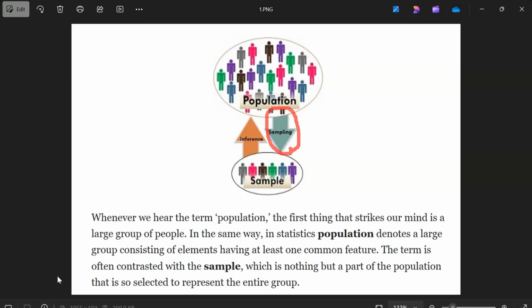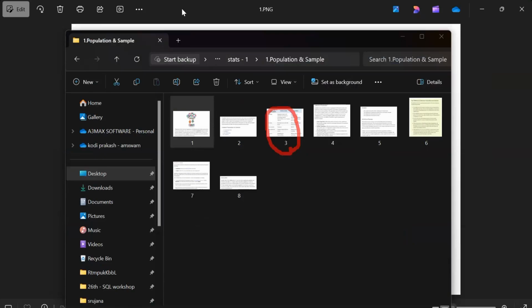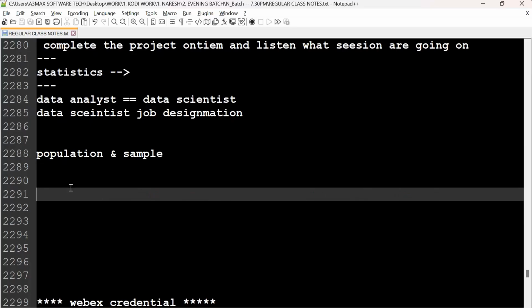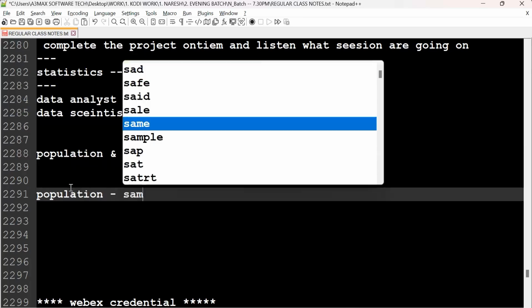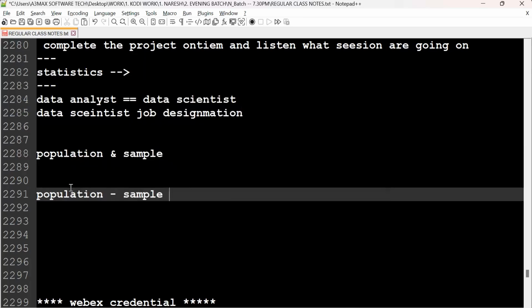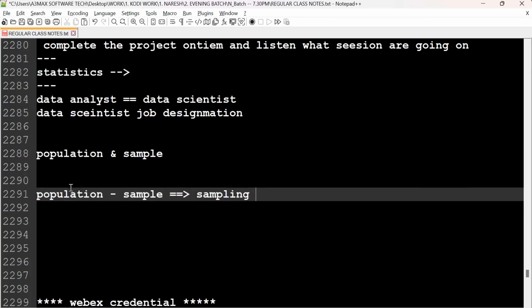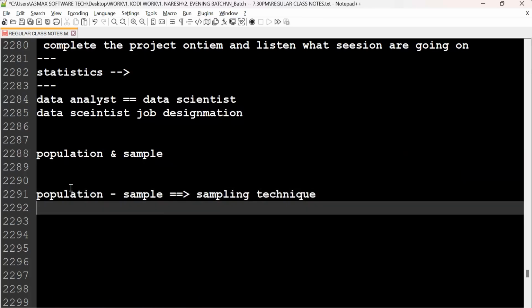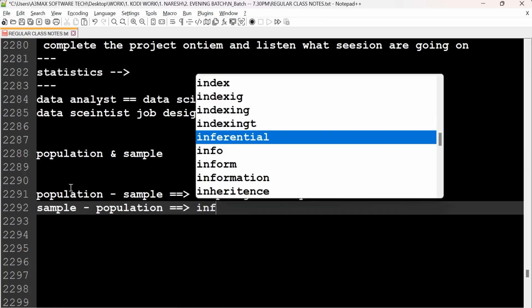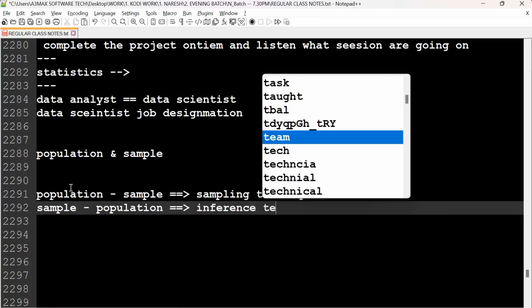Clear? So what I'm trying to say, just go to my document. From population to sample, which technique do we call this? Sampling technique. Now, from sample to population, we call this the inference technique.